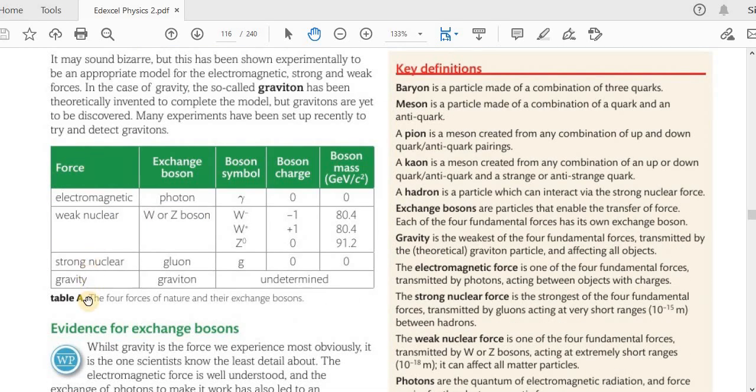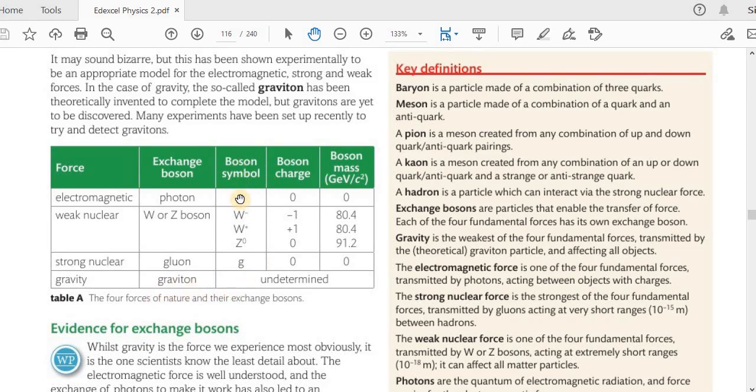Here you can see the forces: electromagnetic force, weak nuclear force, also called weak interaction, strong nuclear force, and gravity. The exchange bosons: photon in the case of electromagnetic force, then W or Z boson for the weak nuclear force, gluon for the strong nuclear force, and graviton for gravity.